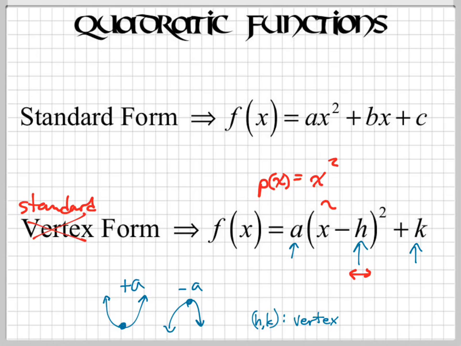The K is not so. The K is normal. You think about him normally. He moves it up or down, changes the y values. The A stretches your function. Now it can stretch it two ways. It can stretch it horizontally or it can stretch it vertically.